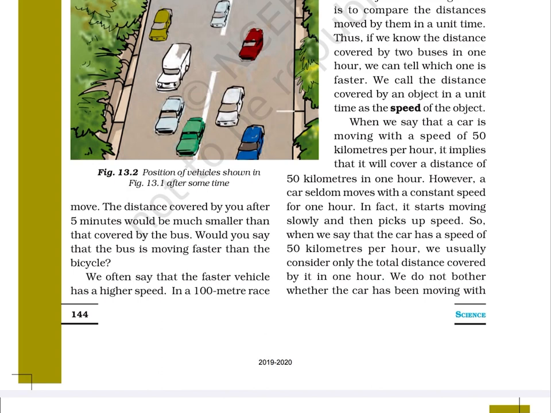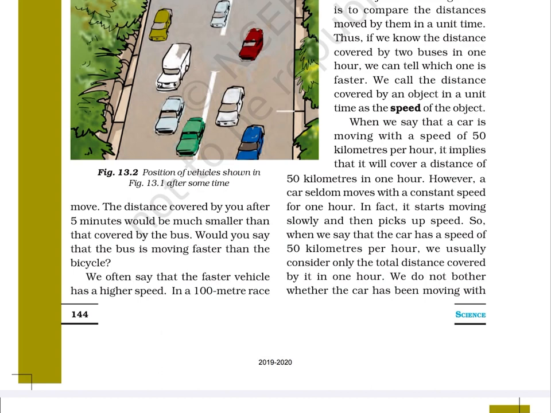When we say that a car is moving with a speed of 50 kilometers per hour, it implies that it will cover a distance of 50 kilometers in 1 hour. However, a car seldom moves with a constant speed for 1 hour. In fact, it starts moving slowly and then picks up speed.